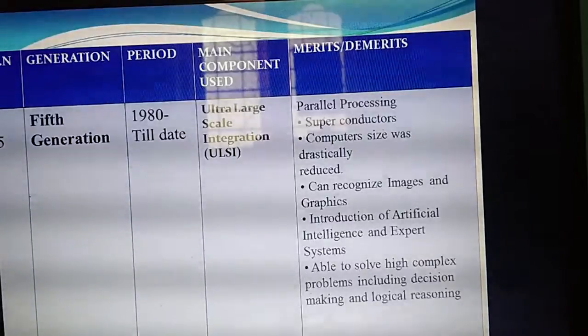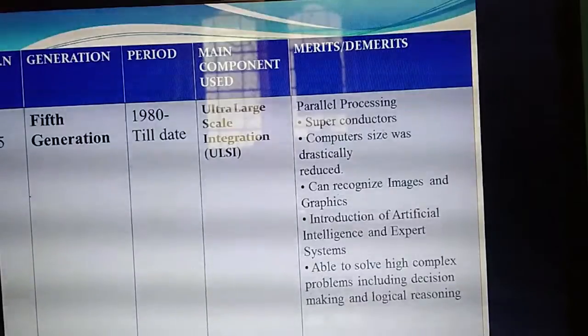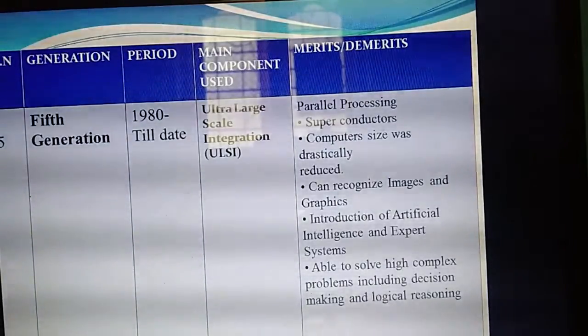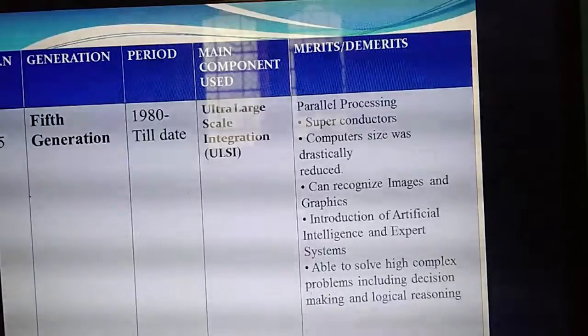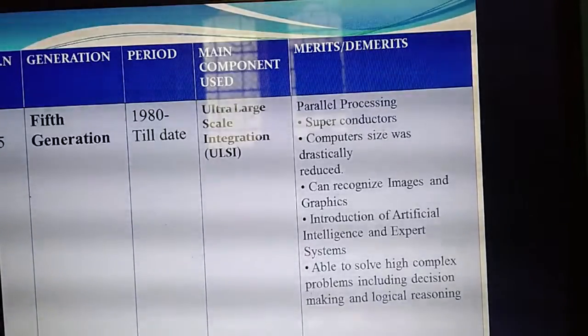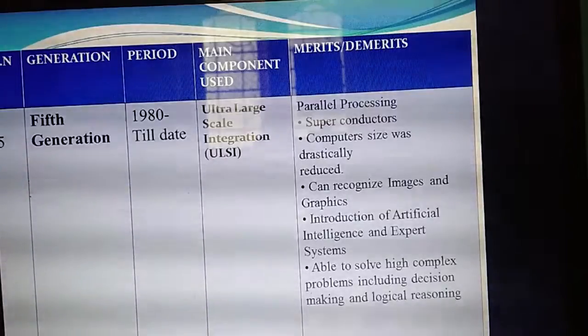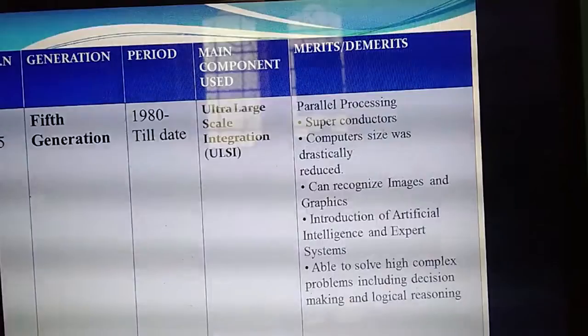We can hold laptops in our hands, very small laptops are also available. So computer size is much reduced compared to the earlier generations. The fifth generation recognizes images and graphics. Nowadays in computers we can see photos, music, movies, everything. Images, that is photos, we can see, and graphical images too.